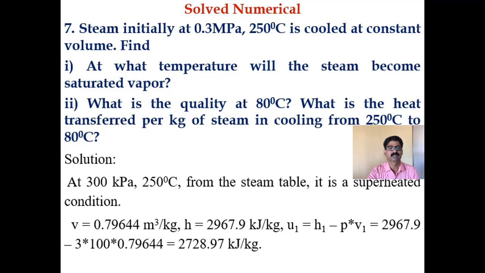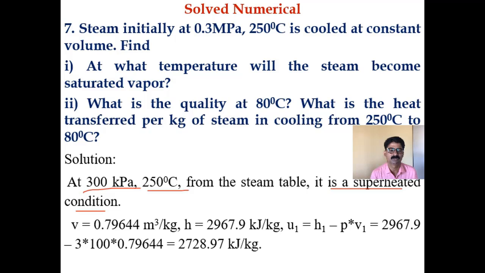So at 300 kilopascal, that is 0.3 megapascal or 3 bar, and 250 degrees Celsius, I can find that it is in superheated condition. How to find out? Open table A1 and go to 3 bar. Check the saturation temperature at 3 bar.